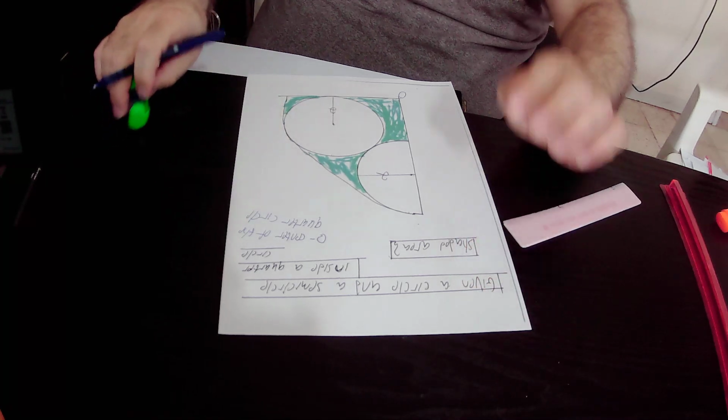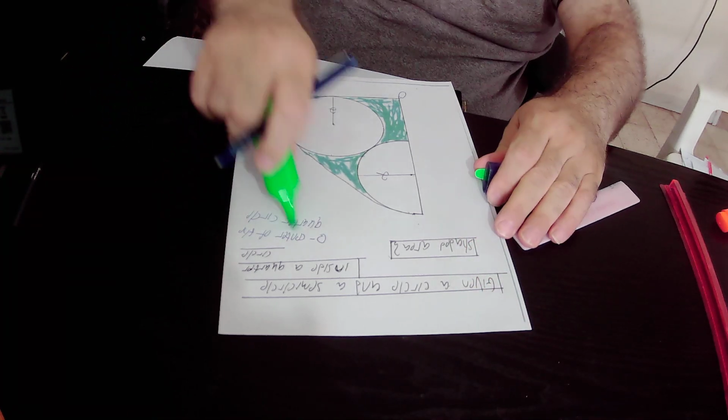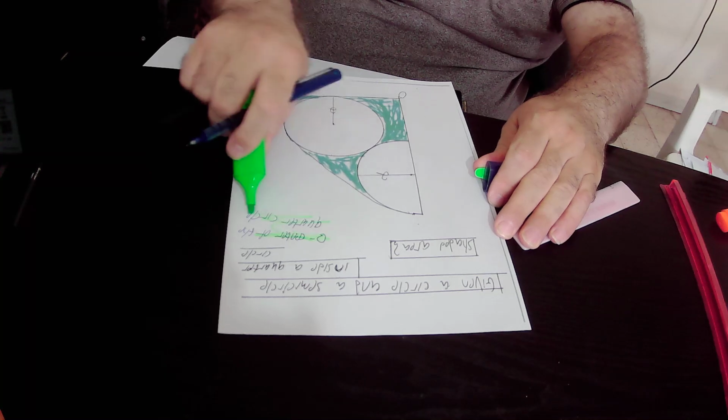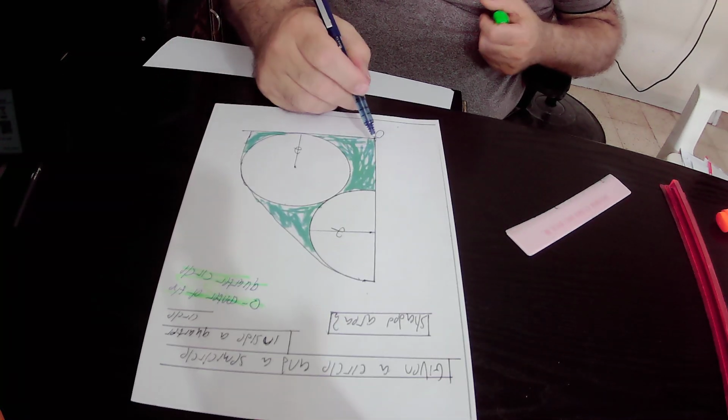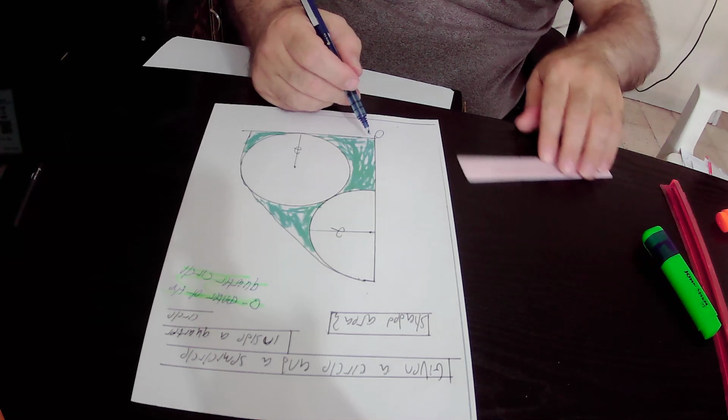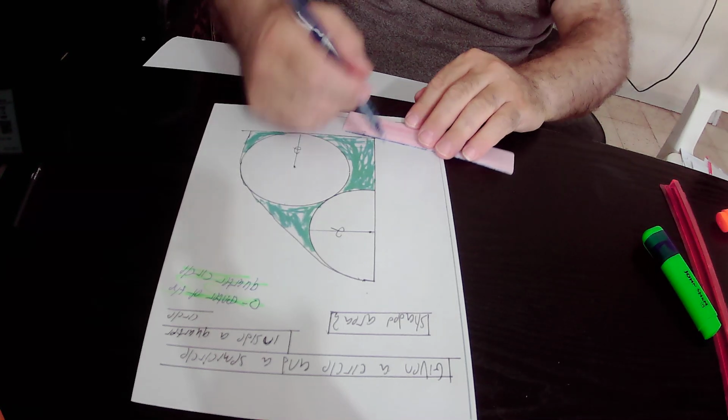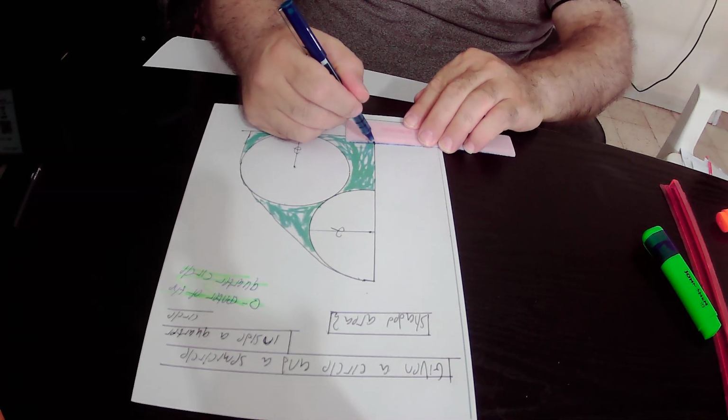Okay, point O is the center of the quarter circle. And this angle must be equal to 90 degrees. So this angle equals 90 degrees.